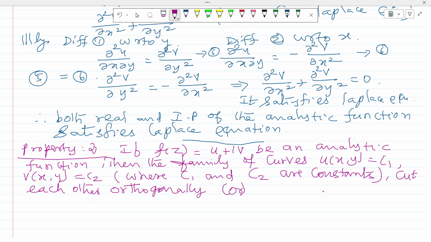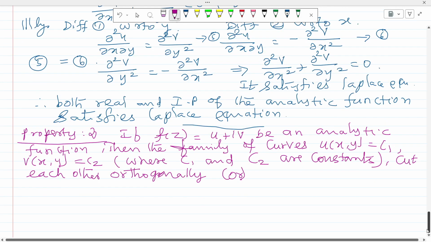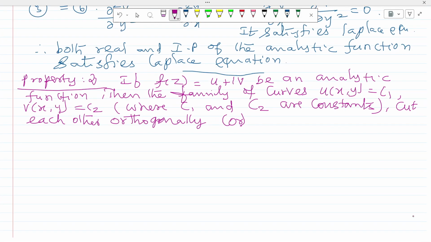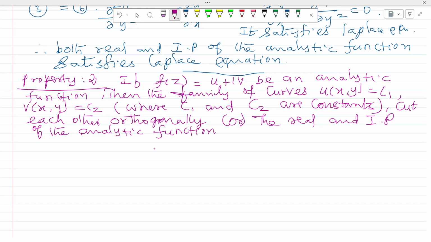the same problem may be asked like this. The real and imaginary parts of the analytic function, these two properties are very important.